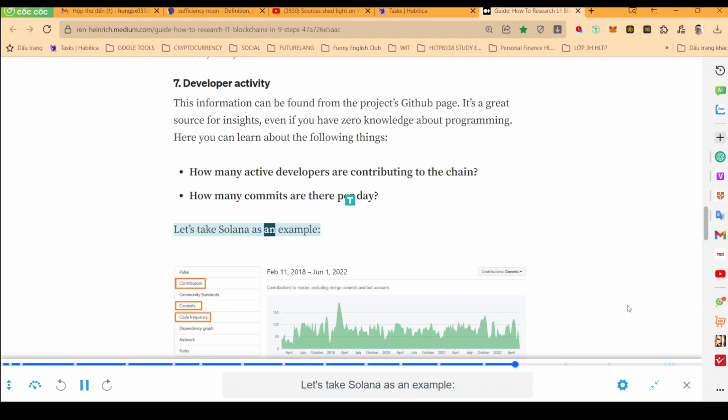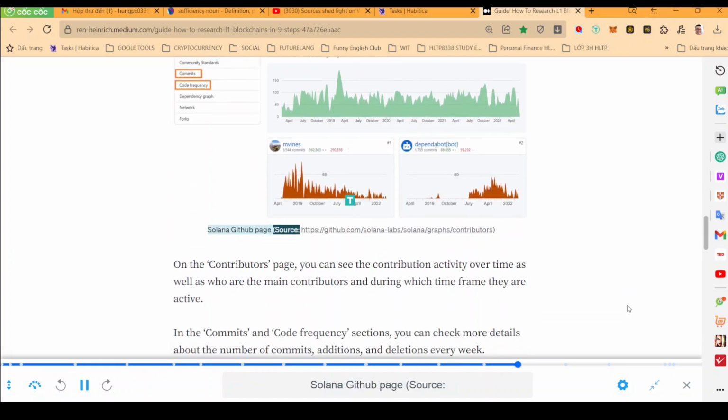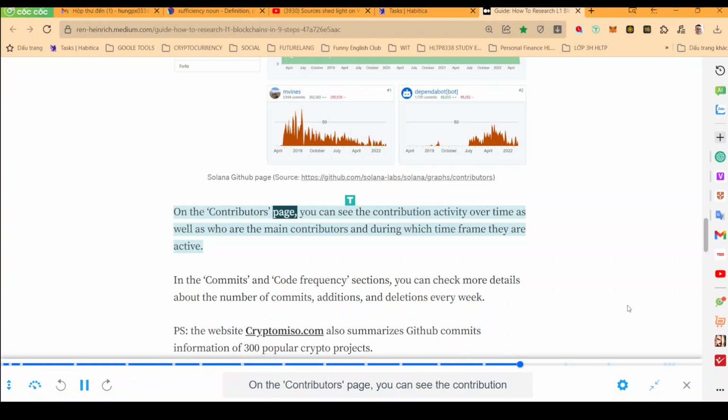Let's take Solana as an example. Solana GitHub page source: github.com/solana-labs/solana/graphs/contributors. On the Contributors page you can see the contribution activity over time as well as who the main contributors are and during which time frame they are active.